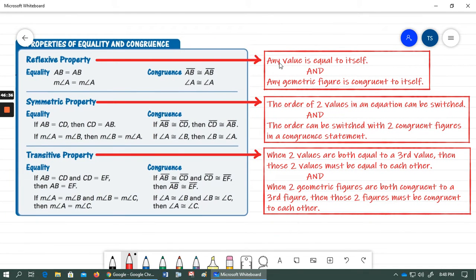The reflexive property compares something to itself. The symmetric property says that you can switch the order of equality, or the order in a congruent statement like that. And the transitive property, in layman's terms, says pretty much that you can cut out the third man.